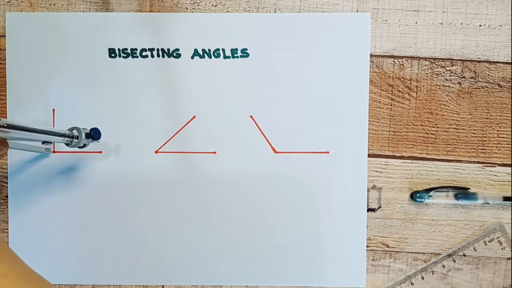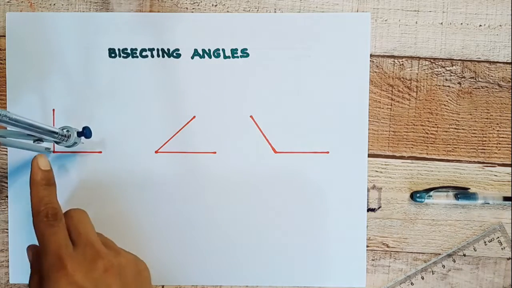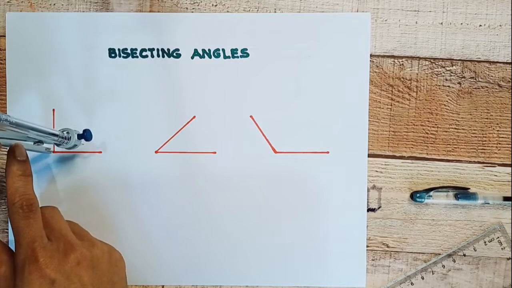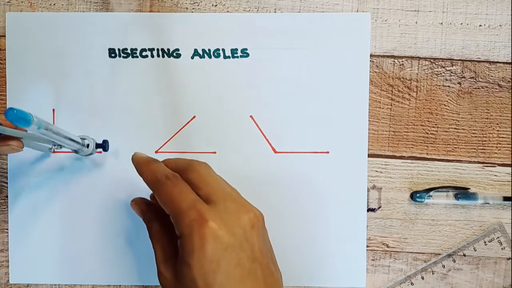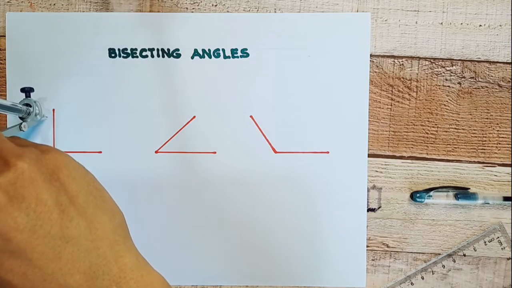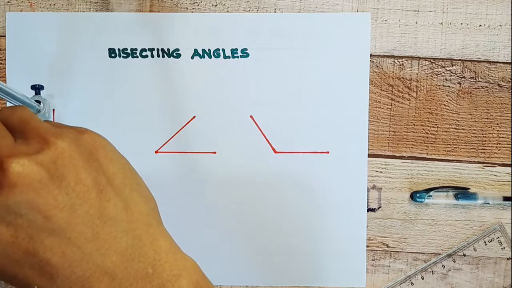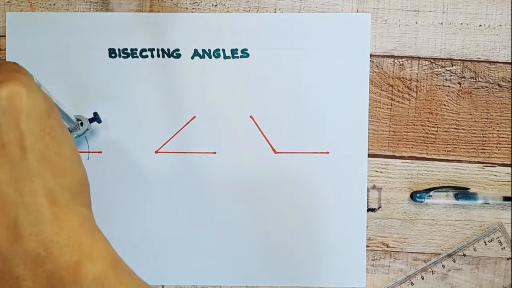Then we're going to adjust the legs of our compass to any length. Then what we do is just draw an arc over the angle. That's the first step.